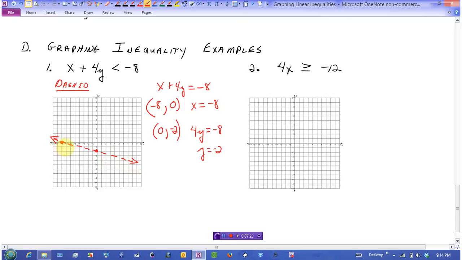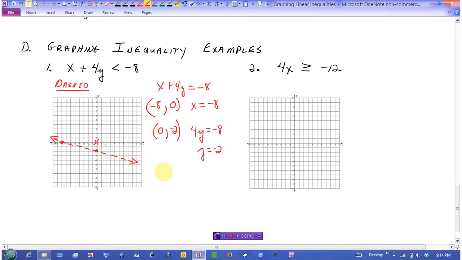My next step is to see what side of the line is shaded, so I'm going to pick some point and test it. The line doesn't pass through 0, 0, so that would be a point I could use. So I'm going to plug 0, 0 into the equation and see if it's true.